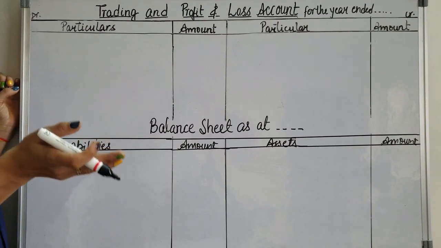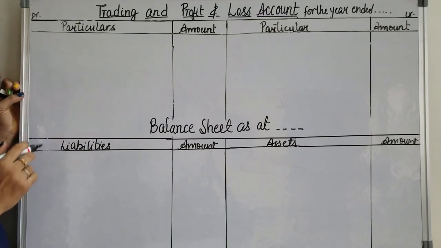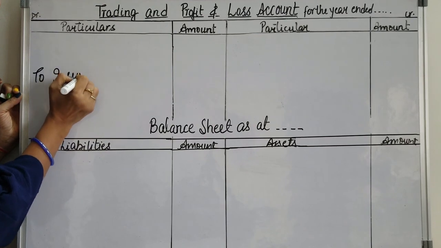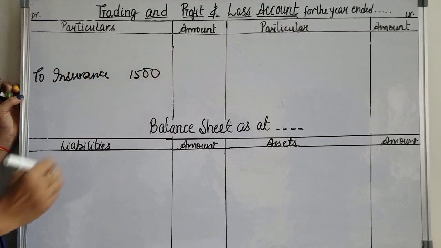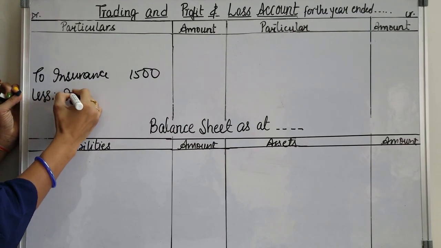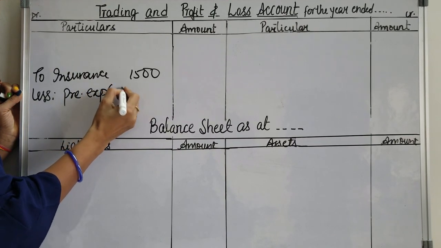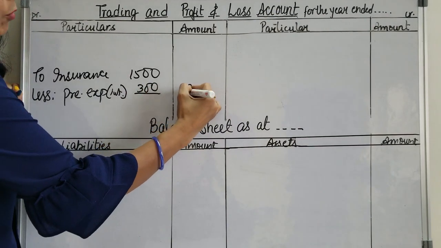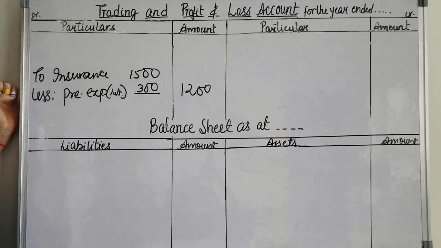In that case, that expense of insurance will appear on the debit side of trading and P&L account, like to insurance with the amount 1,500 which is given in the trial balance, and from this 1,500 we will deduct the prepaid insurance, which is 300, right? So the net amount of our insurance expense is 1,200, right?